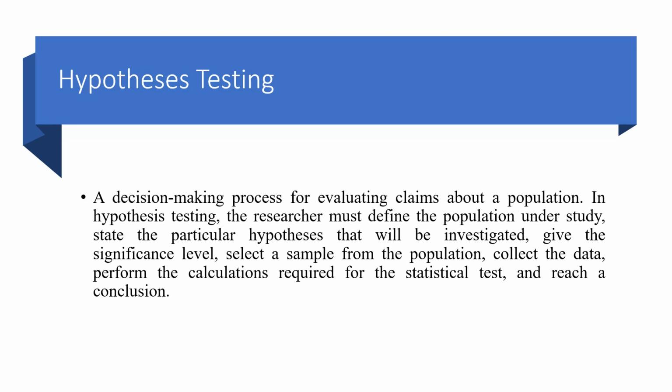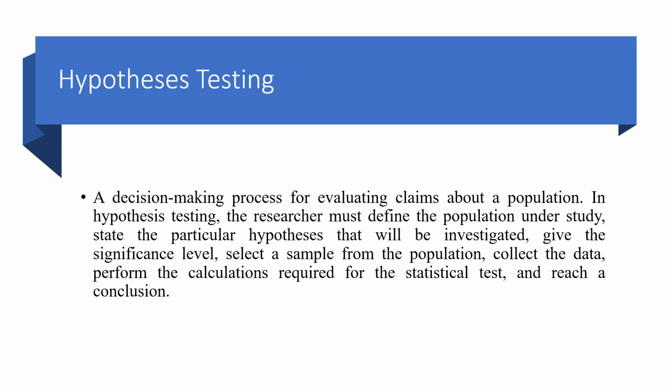Manufacturers in the auto industry are also looking at whether seatbelts might help reduce the severity of injuries after a crash. These types of questions can be addressed through statistical hypothesis testing, which is a decision making process for evaluating claims about a population.